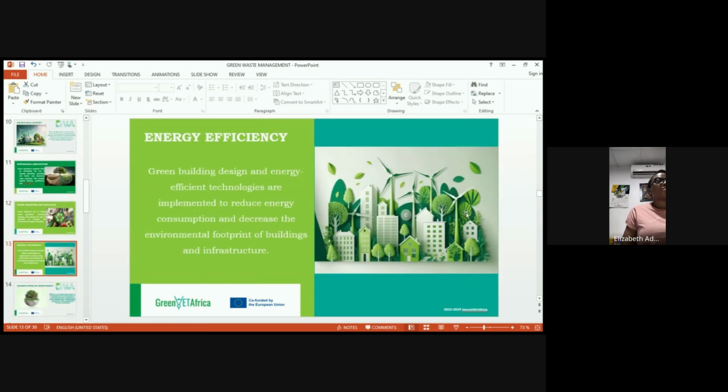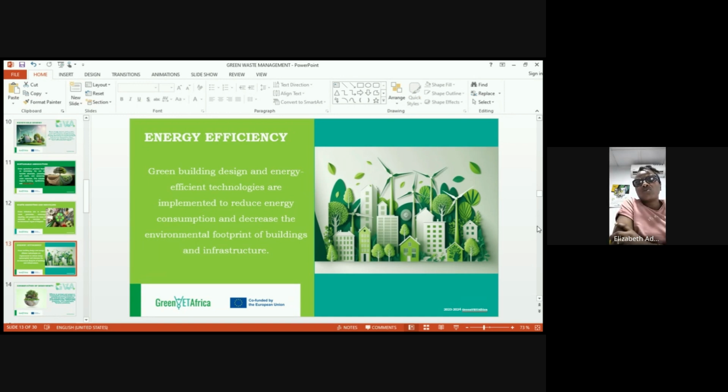Okay, so we've talked about energy efficiency. Green building design and energy efficiency technologies are also meant to reduce energy consumption and decrease the environmental footprint of buildings and infrastructure. Those in the engineering sector, the civil engineers, are now looking at energy efficient buildings that will reduce carbon footprint.